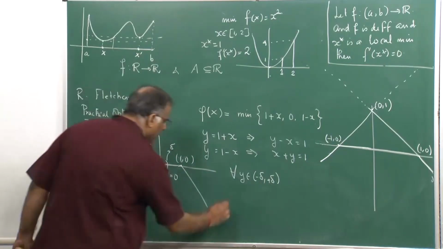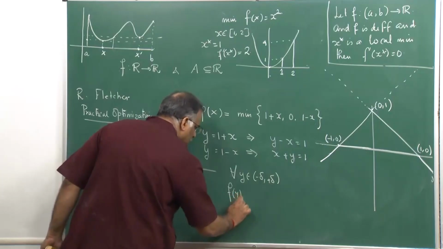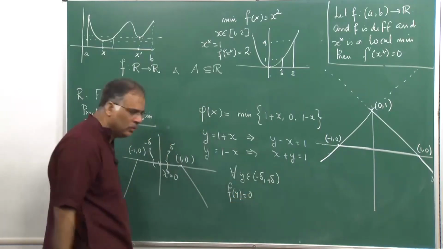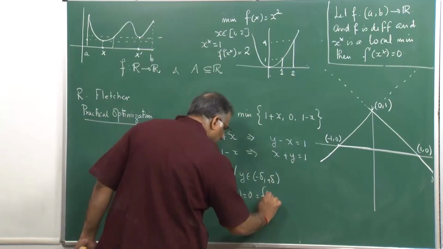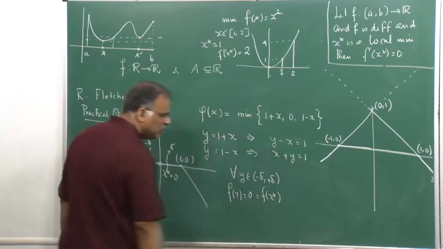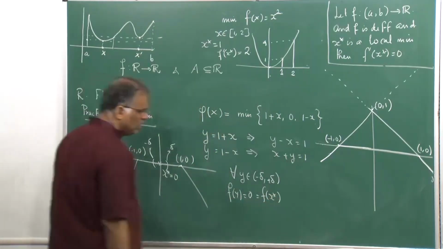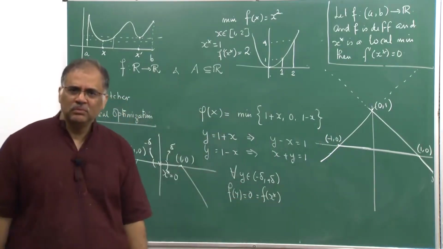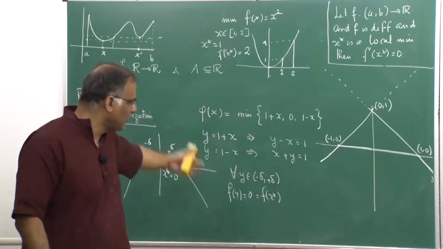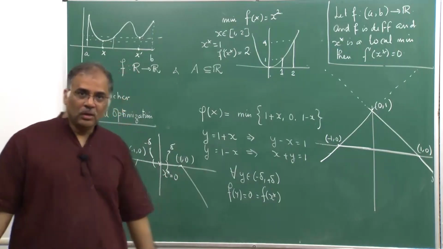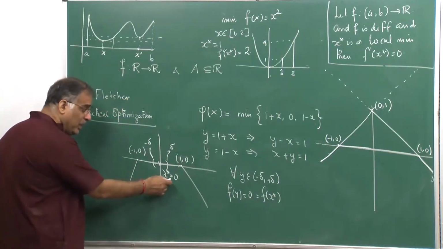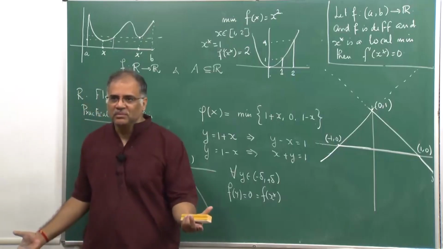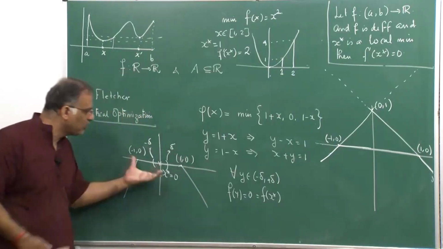I have f of y is equal to 0, which is equal to f of x star, which is f of 0, where x star is 0. So, hence it satisfies the definition of my local minimum of the function over x equal to R. But is the point x star equal to 0 really a local minimum? What is the real property of this point?